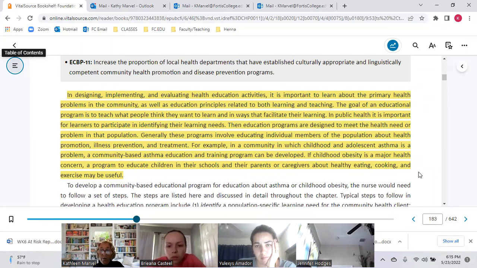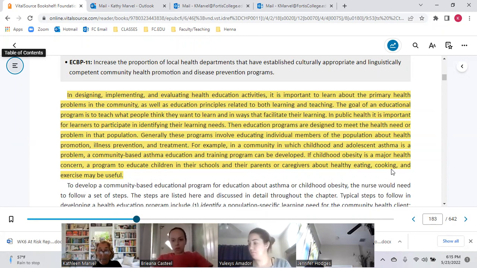Programs involve education about health promotion, health prevention, illness prevention, and treatment. Right. So here's an example the book gives: the community in which childhood and adolescent asthma is a problem. There may be a community-based asthma education and training program that's developed. If childhood obesity is the issue, there may be a program developed, let's say in the schools, that works with primary, secondary, tertiary interventions with regards to obesity.